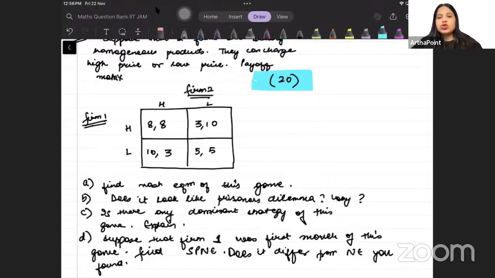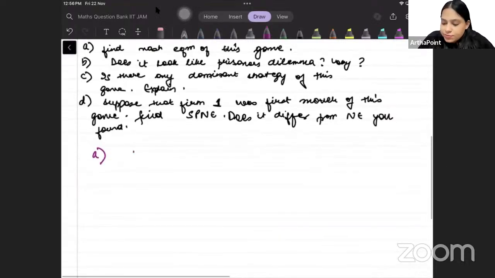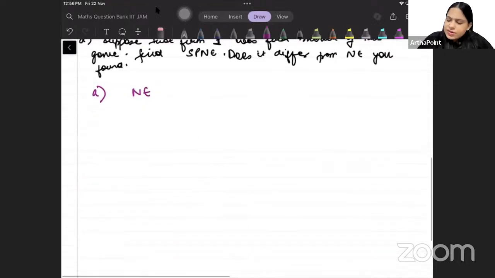Okay, let's take this question together now. So, first of all, let's try to find the Nash equilibrium of the game. Try to see if you have also gone ahead and done it in the similar way. So, first part, Nash equilibrium. This is very simple.